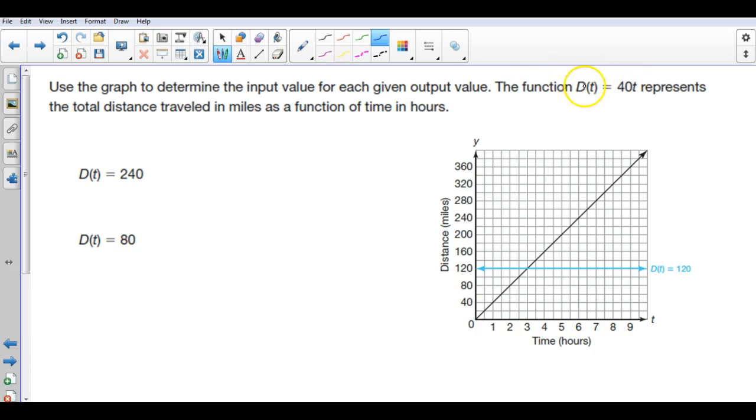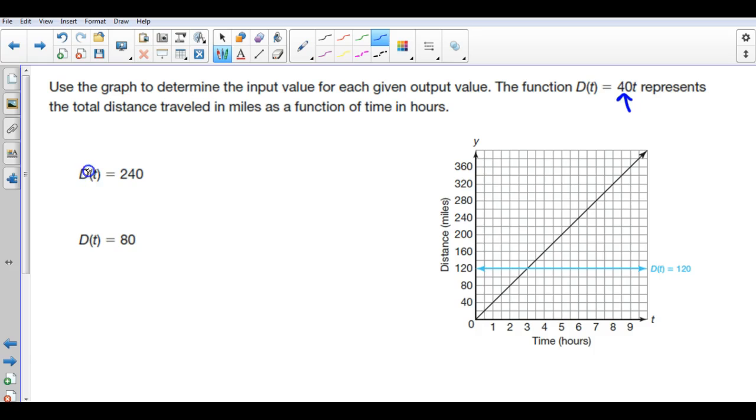So if your distance as a function of time equals 40t, if the person travels 2 hours, that'd be 80 miles. And if it was 3 hours, that'd be 120 miles. So the 40 is going to represent the rate that they're traveling. So the 40 represents the miles per hour. So that's the speed they're traveling at.